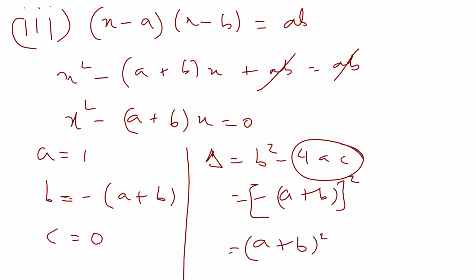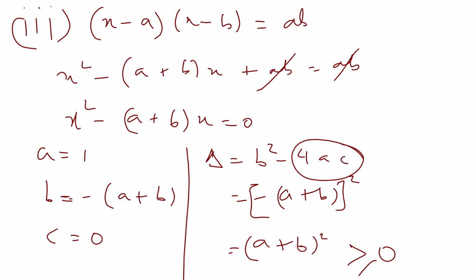Now this is a square, so it is greater than or equal to 0. So two cases. It is greater than 0 if a and b together are not equal to 0 at the same point of time.